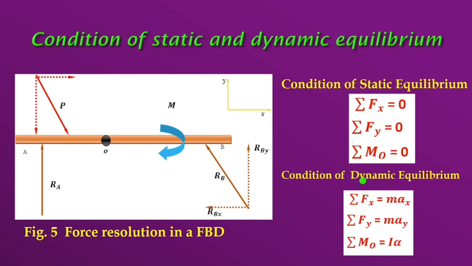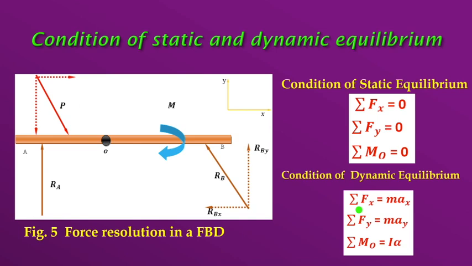On the other hand, if it is in the dynamic condition, then summation of Fx equals m ax, where m means the mass, ax is the x component of linear acceleration, and ay is the linear acceleration in y direction. So summation of Fy equals m ay.